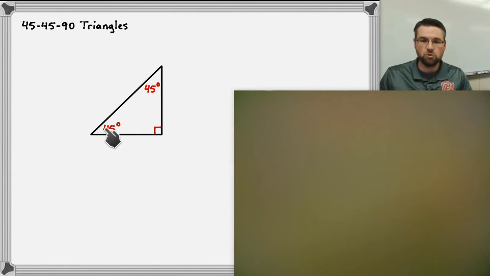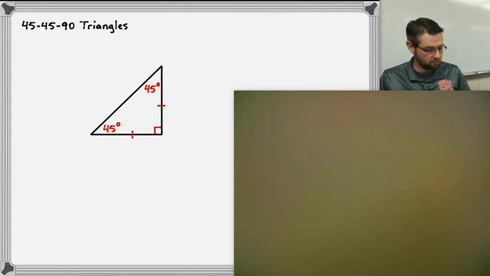And because the two other angles are the same, this is isosceles. So these two sides, this side and this side, are congruent to each other, the same length, okay? So we'll put the little congruent marks there to represent that they're the same. Let me have this length be 1.